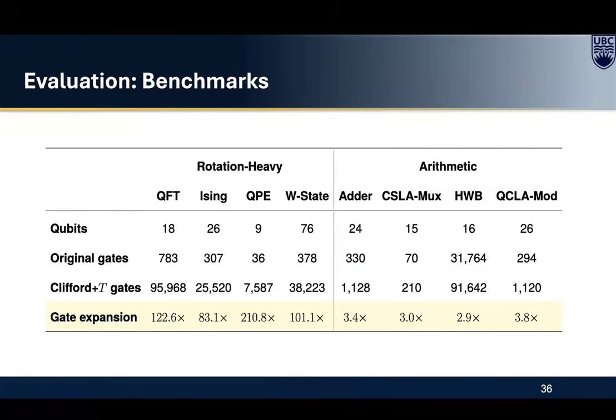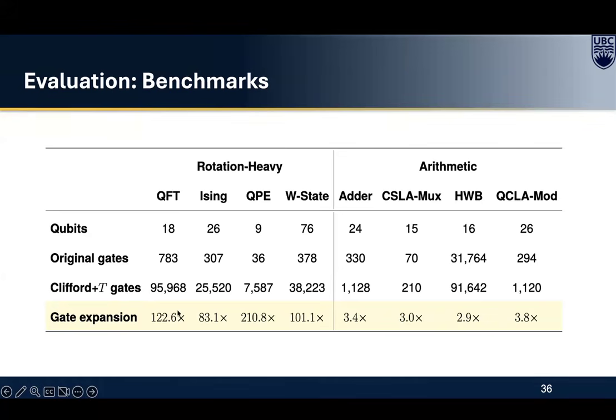So for the evaluations, we did evaluations on both the rotation-heavy and arithmetic circuits. Here I'm showing the number of qubits and the number of our original gates. I'm also showing the Clifford plus T gates, that is for the rotations, after synthesis. And for the arithmetic circuits, their Toffoli gates are decomposed into the 15-gate setup that we just showed.